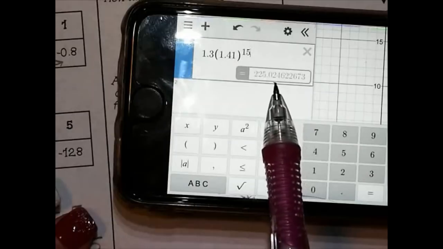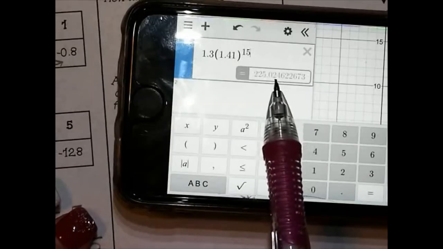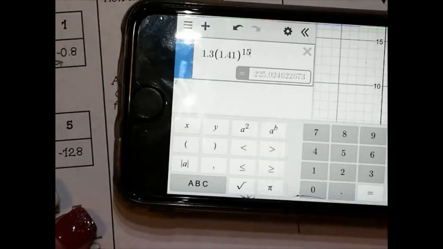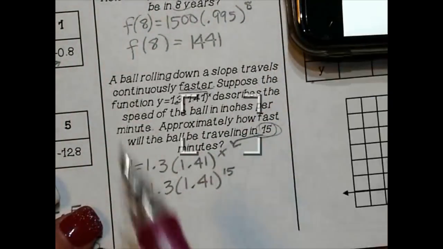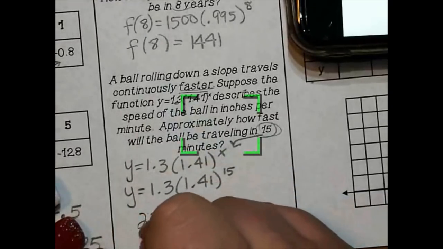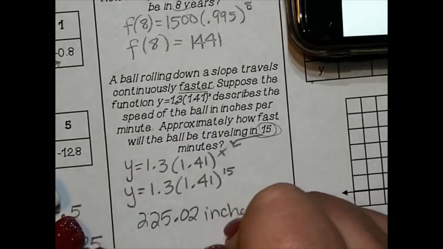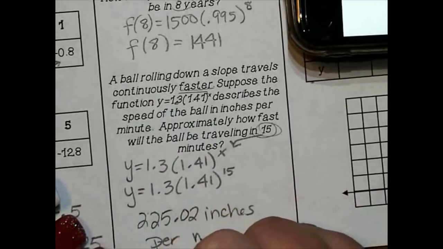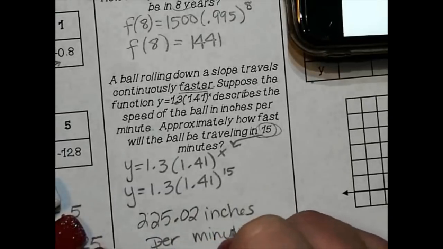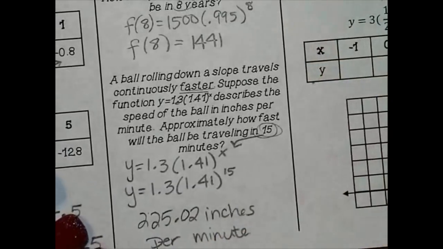Just go ahead and round it to the 10th place, that second number. Since that third number is a 4, it will not round up, so we're going to go ahead and leave that at 225.02 inches per minute. Okay, not too bad there, right?